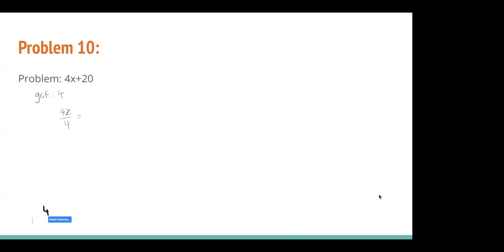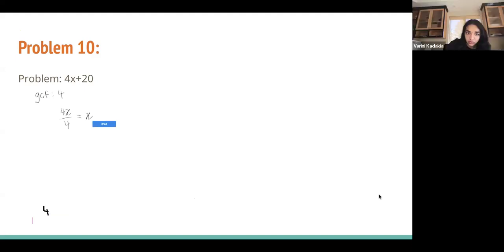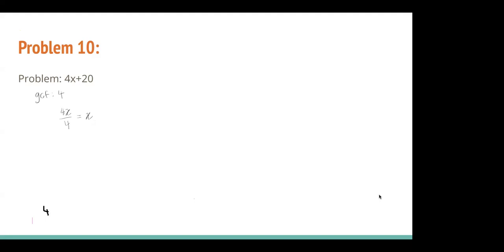Not 4. Yes, please. Then 20 divided by 4 is 5. So the answer is going to be 4 into bracket x plus 5, bracket close. That's the answer.